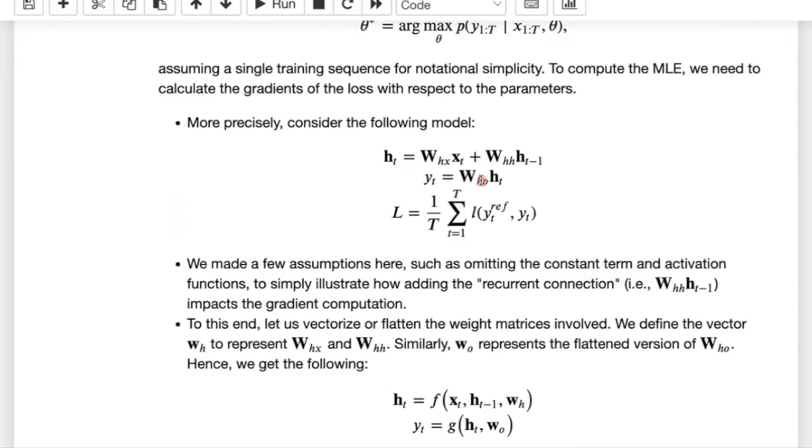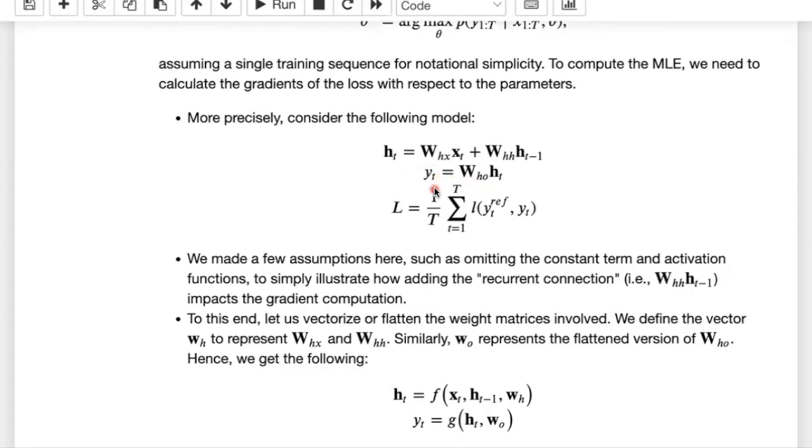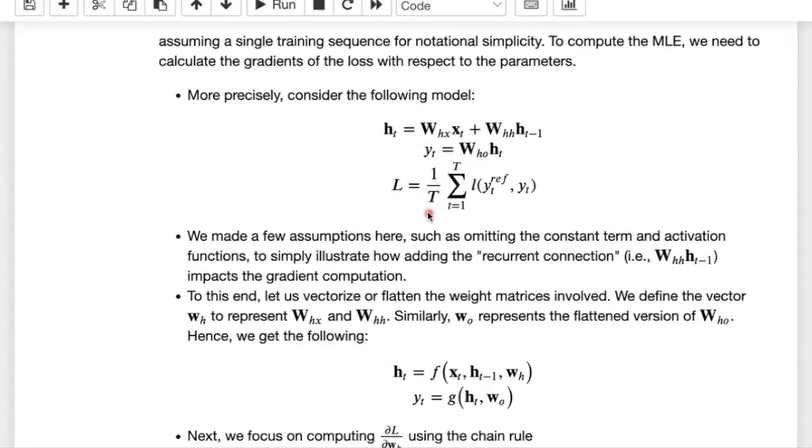So that's why for now, we just ignore that for simplicity. And then once you find your hidden state, again, you have this WHO, which is what takes you from the hidden state to the output layer, and that gives you the output. And then your loss function is in the form of the empirical risk, which is the weighted average of your loss functions calculated for each data point.